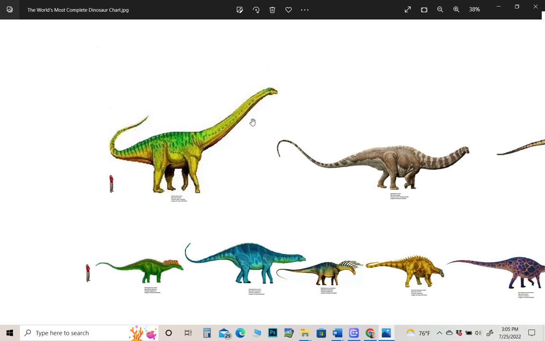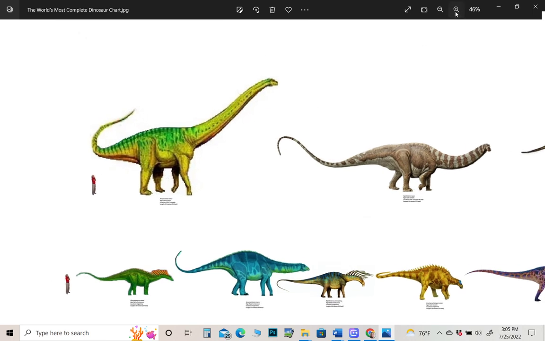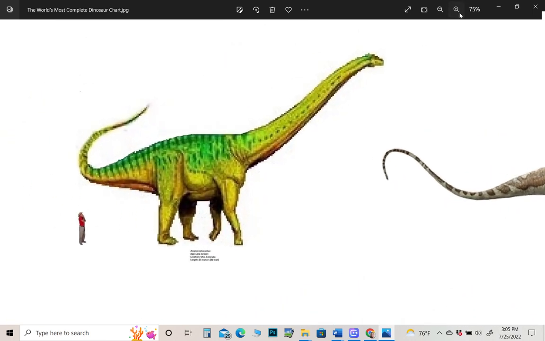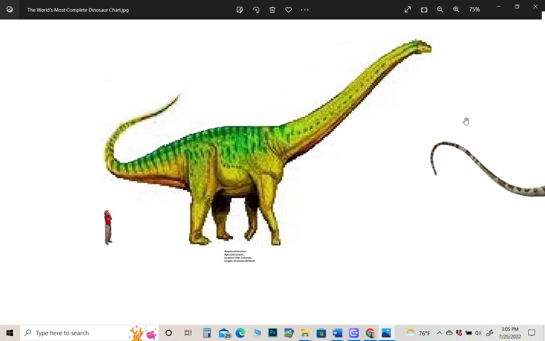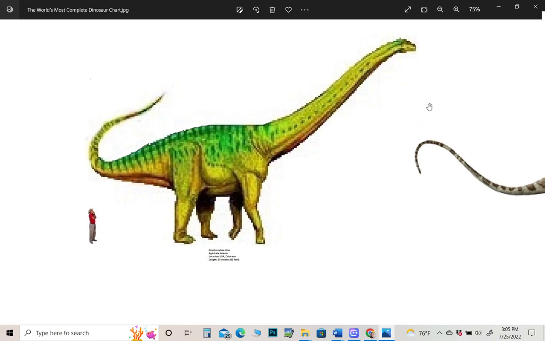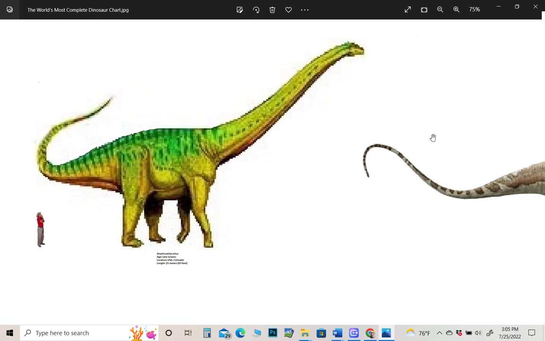But remember, these listings were made a long time ago. So let's see here. Amphicoelias. There's another Amphicoelias which was thought to be the world's biggest dinosaur, but it's actually been reclassified as a Rebbachisaur, and the reason for the size of the animal was due to the size of the vertebra, but Rebbachisaurs have proportionally larger vertebrae than other diplodocids, but we'll get to that later.